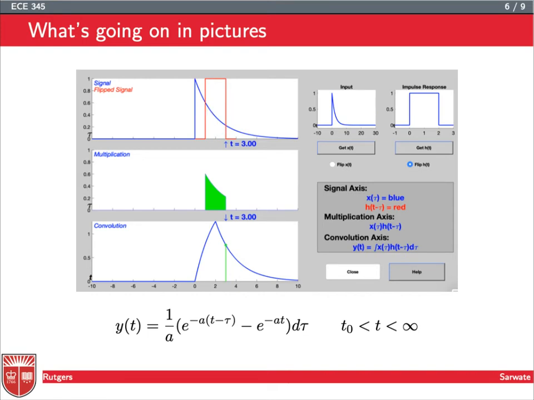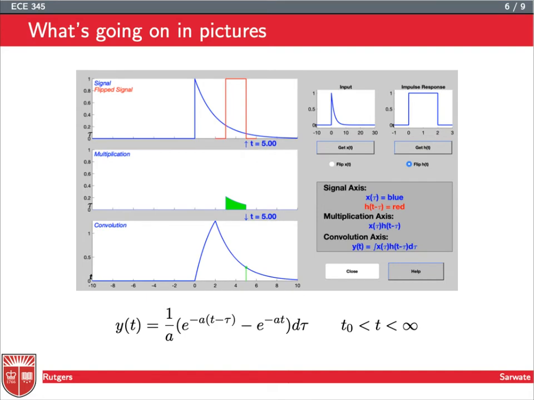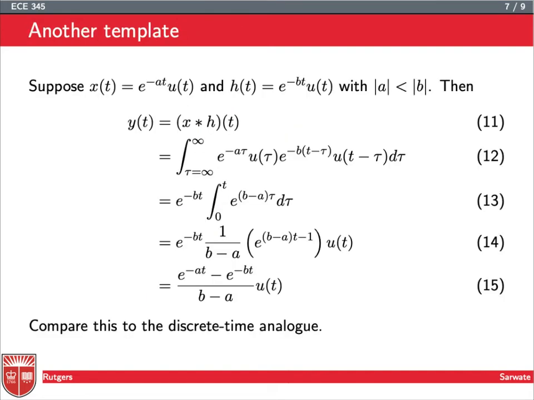When you multiply the two signals, you're just getting this slice of a decaying exponential, and these slices are getting smaller and smaller as you increase t. So you're going to get this decaying behavior in the output signal. And you can see as we go along, you get this decaying behavior.